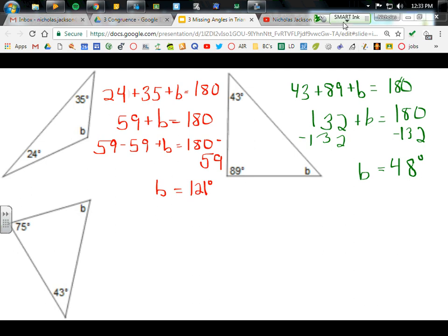All right. Final example. We know an angle identified as 75 degrees and an angle identified as 43 degrees and B. Combine our like terms. 75 plus 43 will give us 118.